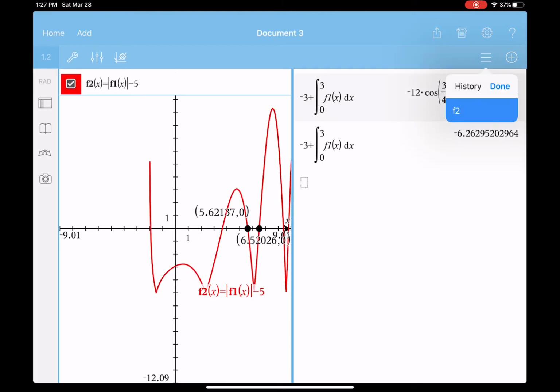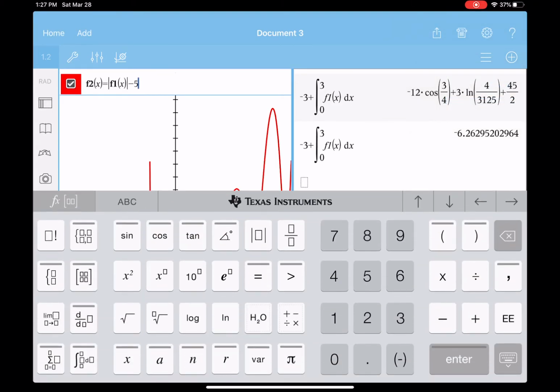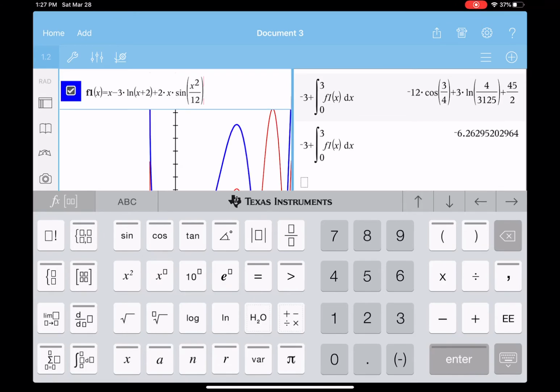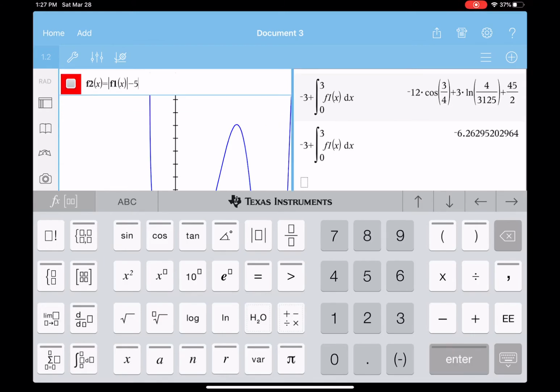So I'm going to hit the hamburger button, and I actually want to go up here and get my old one back. And so I've discovered how to do that. If I click here, I can go to the up arrow and I can turn it back on. Okay, and then I'm going to go down to the second one and turn it off because I don't need that one messing everything up.